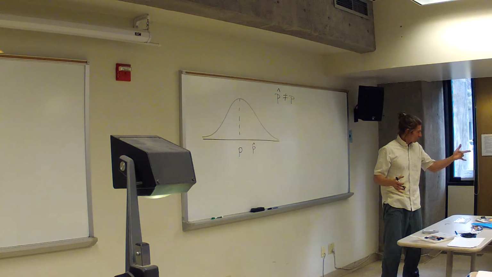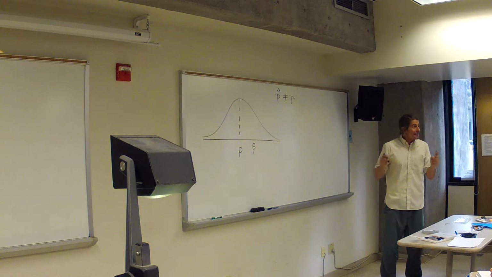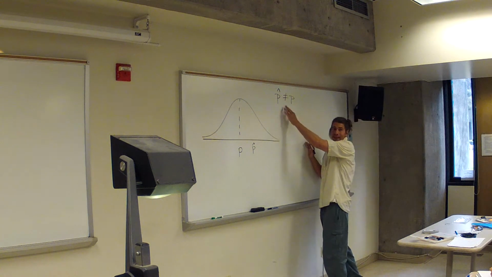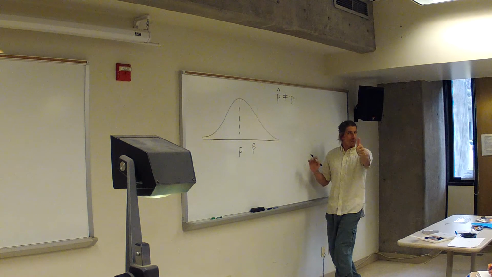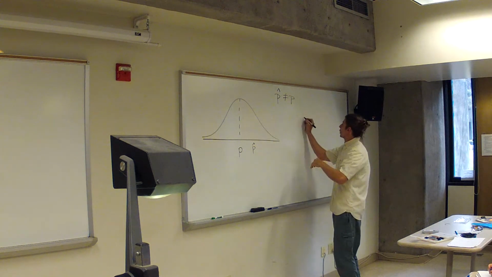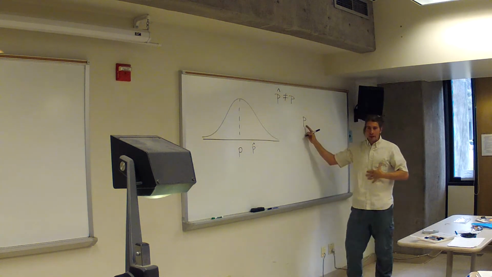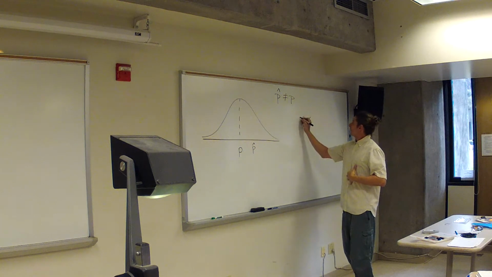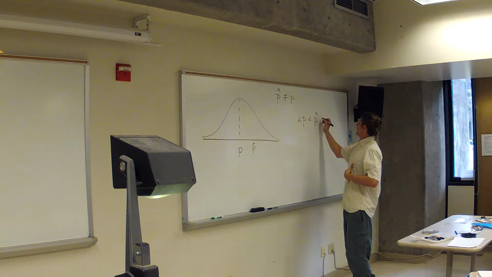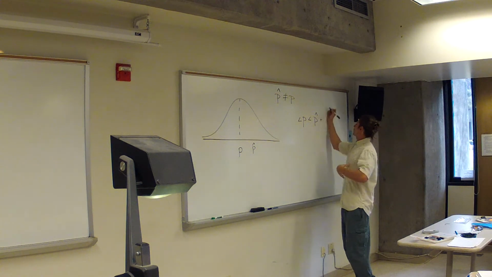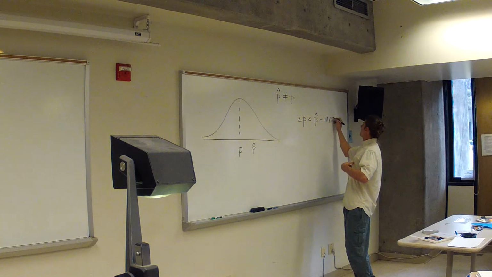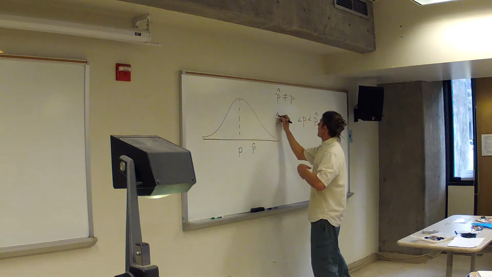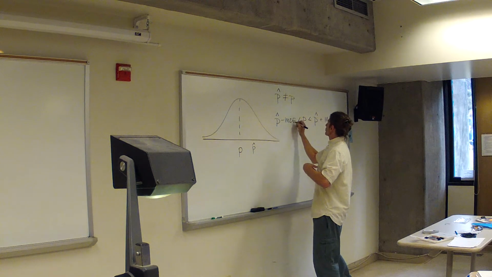Fair enough? Okay. The idea, though, is you don't need this. See if you buy this symbolically. You're hoping that the value of little p that you're looking for is between p hat plus that margin of error, MOE, and p hat minus that margin of error.